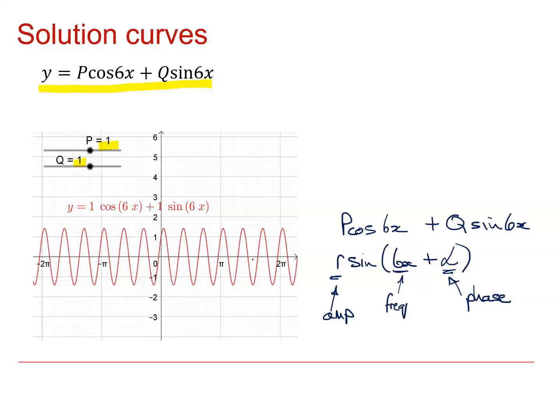In this example, this tells us that this is going to oscillate 6 times over the range 0 to 2 pi, which you can see from this plot here.